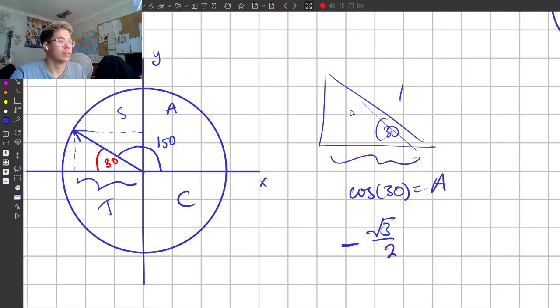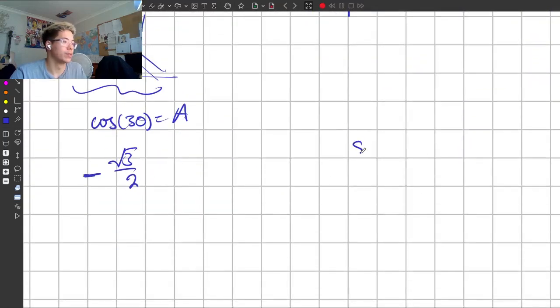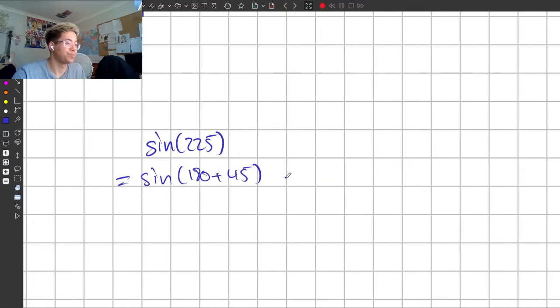Now, doing another example, let's say sine of 225. This is equal to sine of 180 plus 45. Now what you can do is use your angle sum identity, where this is going to be sine 180 cos 45 and so on.